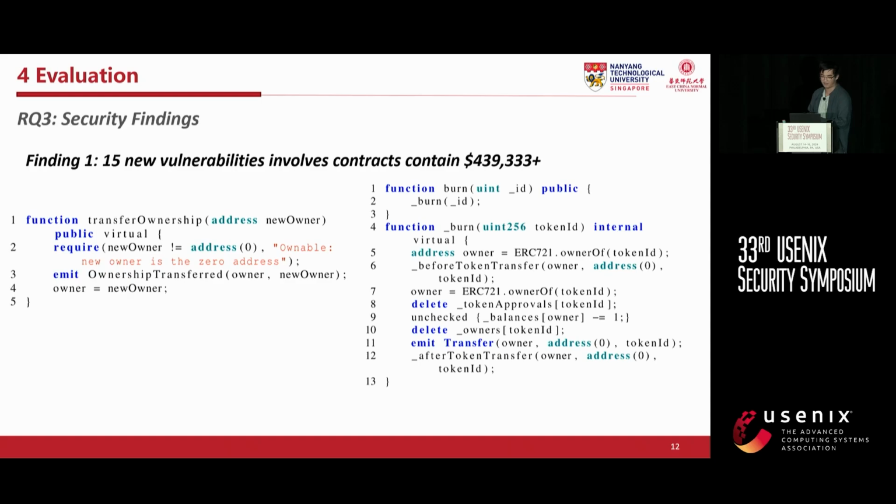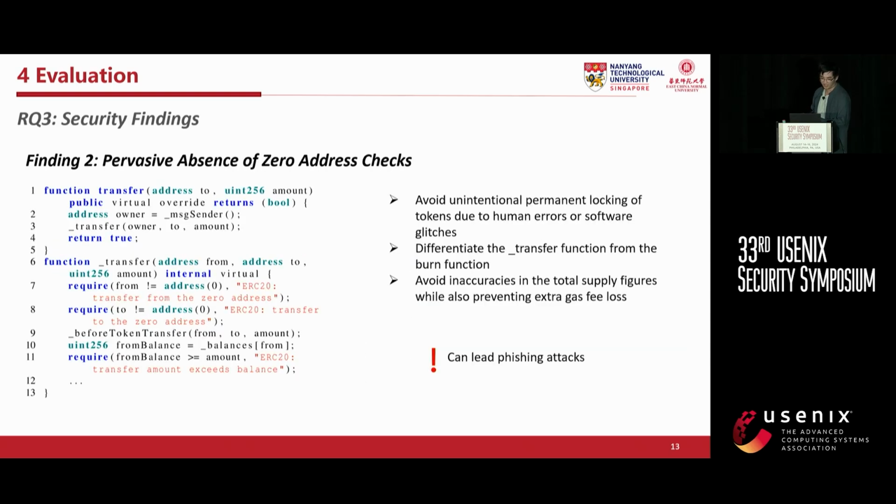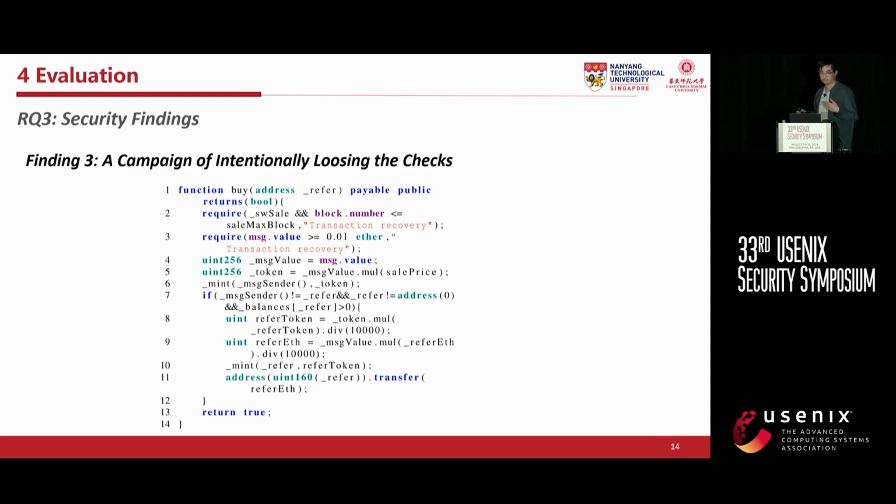First, we have found 15 new vulnerabilities involved in contracts that contain more than $439. And we have found that the absence of zero address checks is pervasive. Although the absence of the zero address check may not directly cause asset or financial loss, sometimes it may lead to phishing attacks. And the third one is maybe a case of intentionally omitting a check.